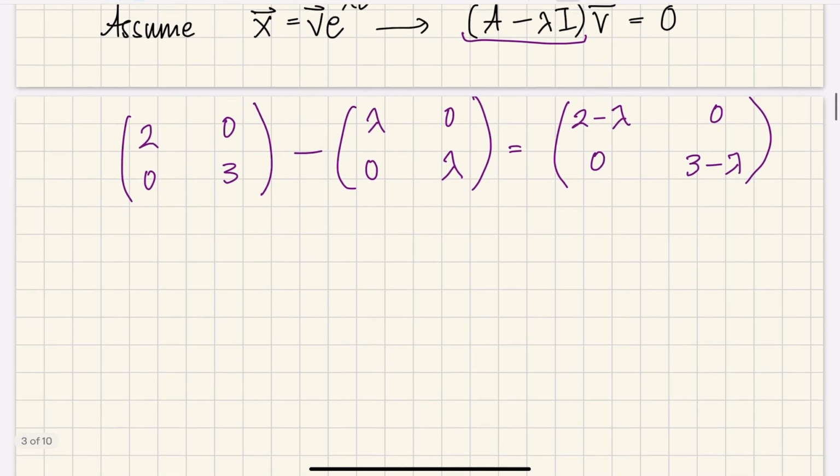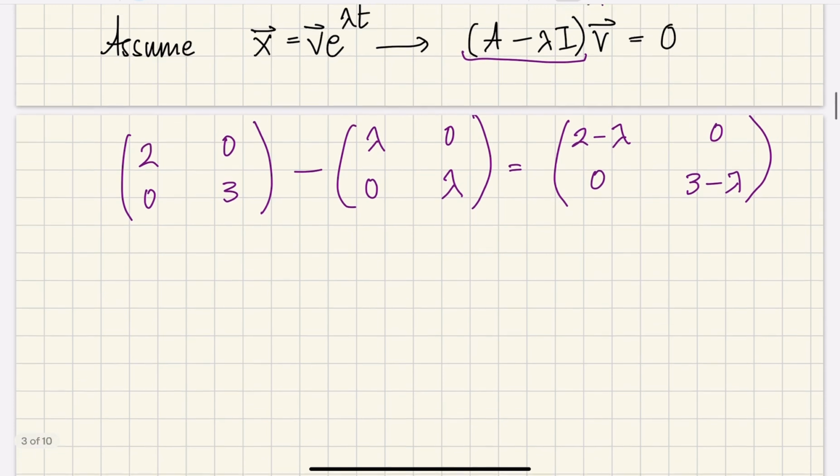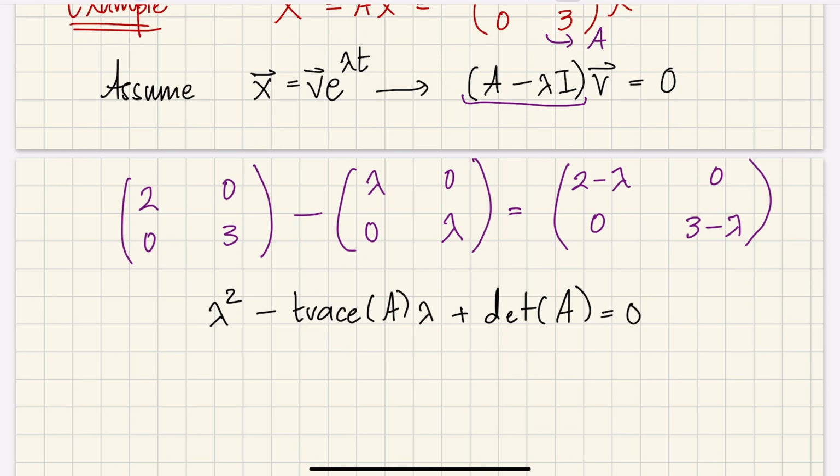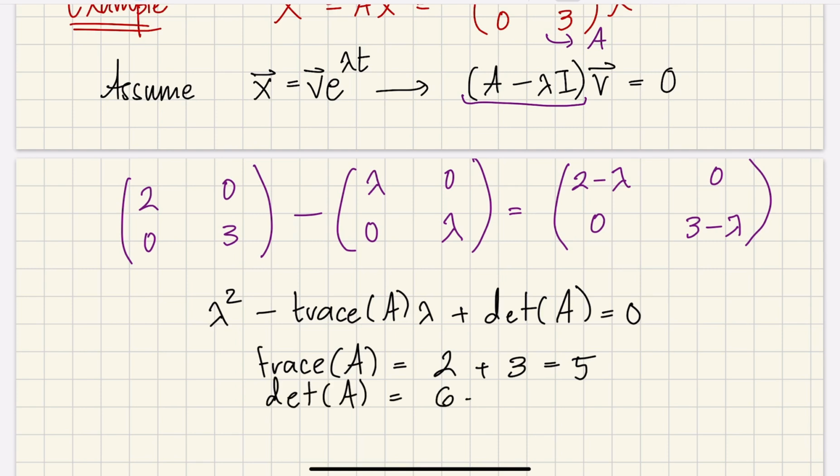Now to find the eigenvalues, I'm going to use this equation. The trace of A is 2 plus 3, which is 5, and the determinant of A is 6 minus 0, which is 6.